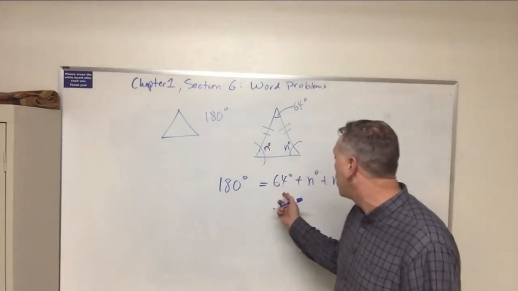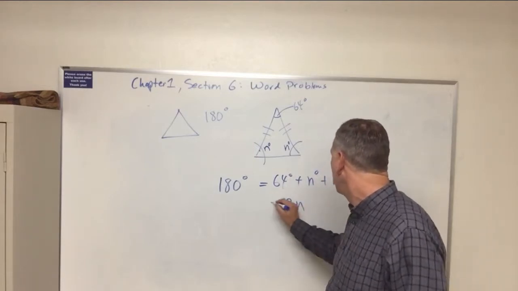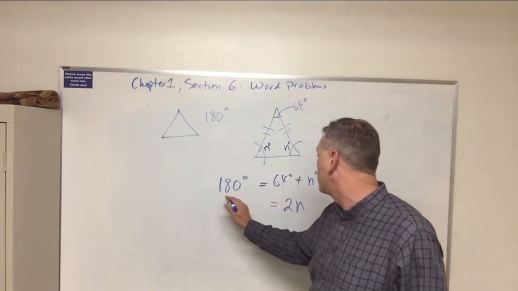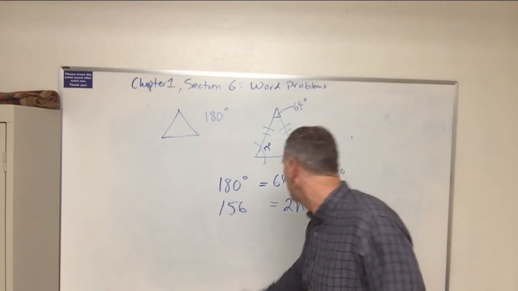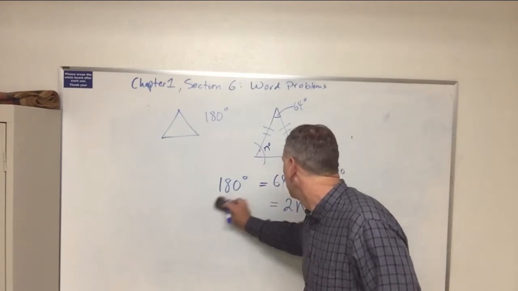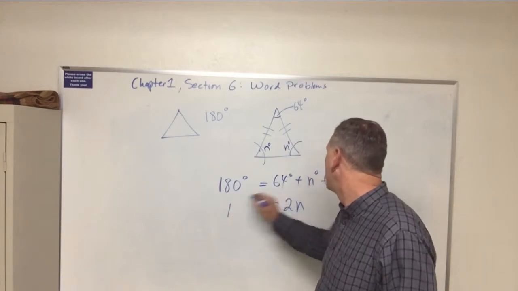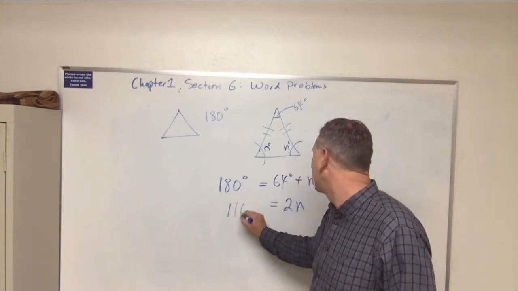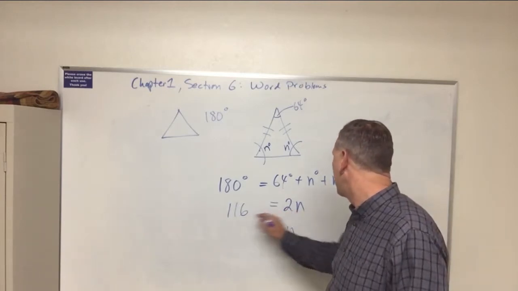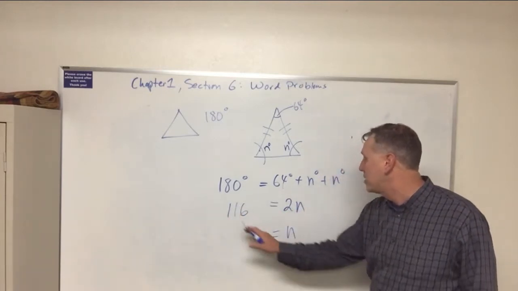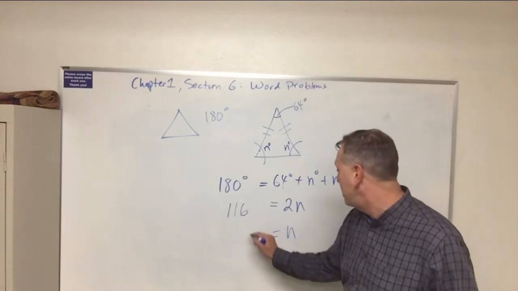And so if we go to solve this, we would have 2n equals, and we subtract 64 from both sides. 64 from 180, that would be 116. So n then would equal 116 divided by 2, divide both sides by 2 to get n by itself. 116 divided by 2 is 58 degrees.